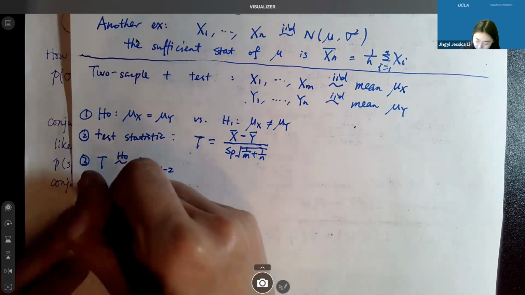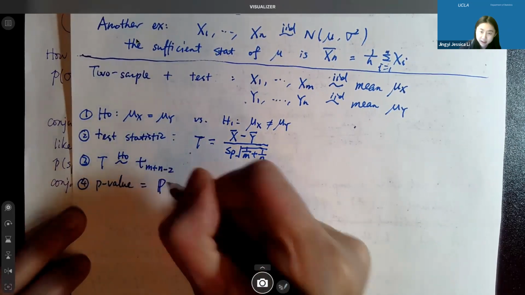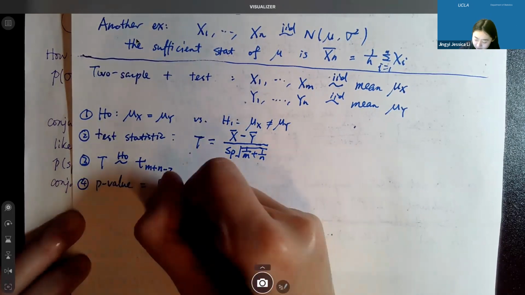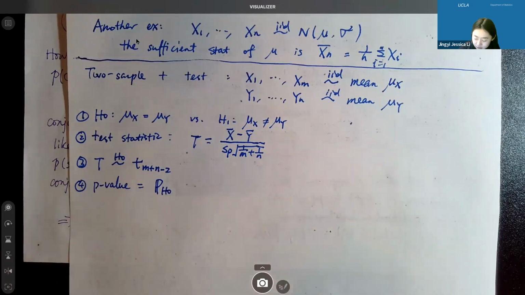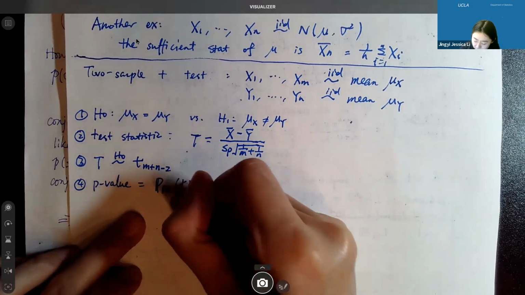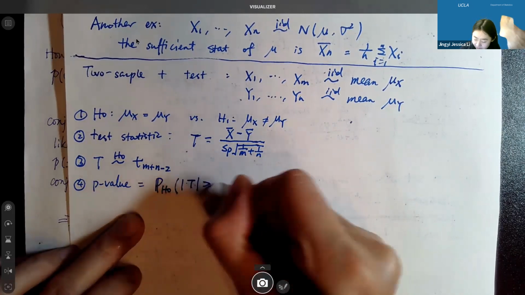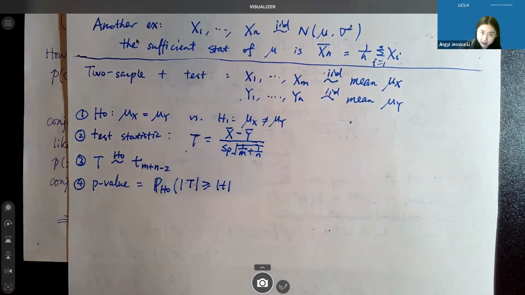The p-value here is defined as the probability, again under the null hypothesis, that the absolute value of T would be greater than or equal to the absolute value of the observed value of t.